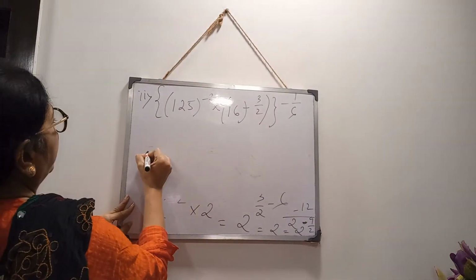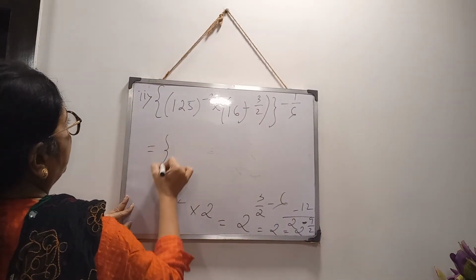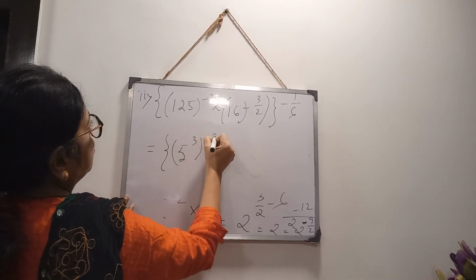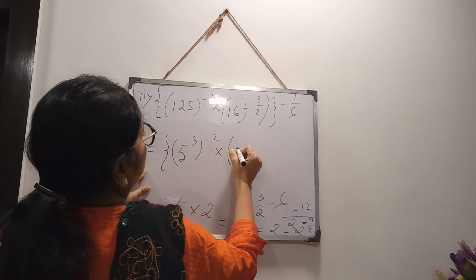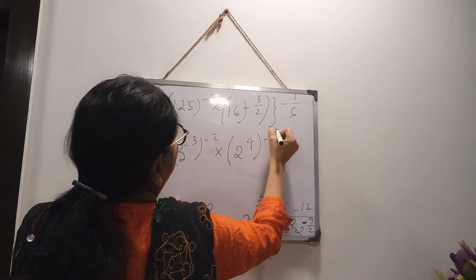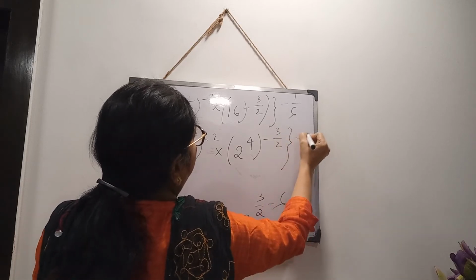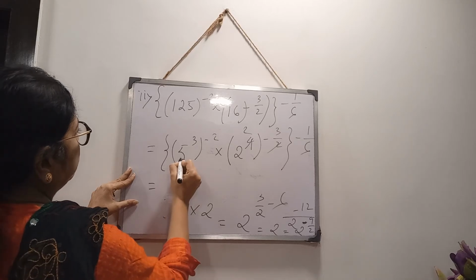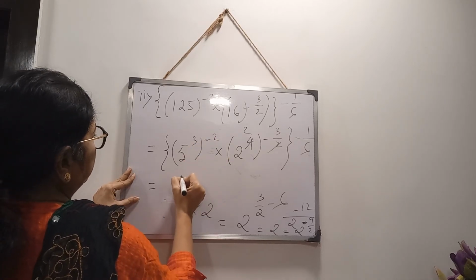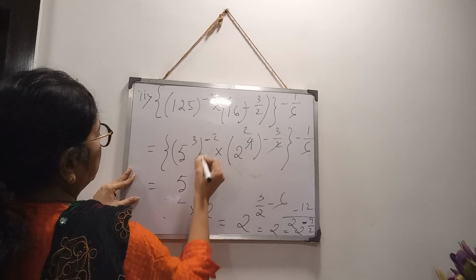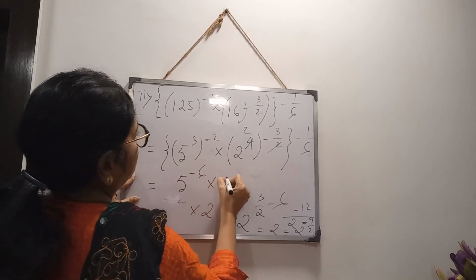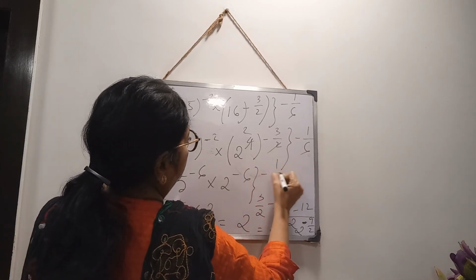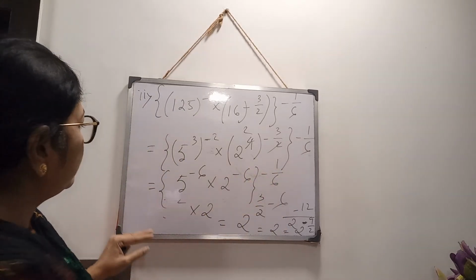So 125 we can break in this form. 5 cube, clear? 5 cube into minus 2, and 16 means 2 to the power 4 into minus 3 by 2, second bracket, power is minus 1 by 6. Here you cancel, and there is 5 to the power minus 6. Clear? 3 into minus 2 means minus 6 into 2 to the power minus 6. Second bracket, outside, power is minus 1 by 6.